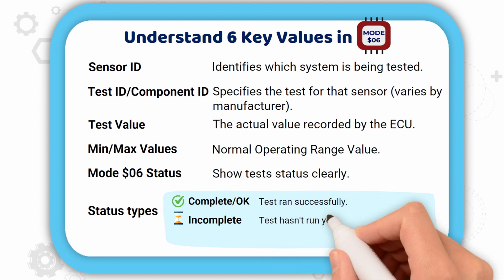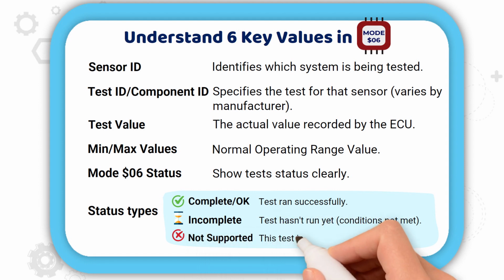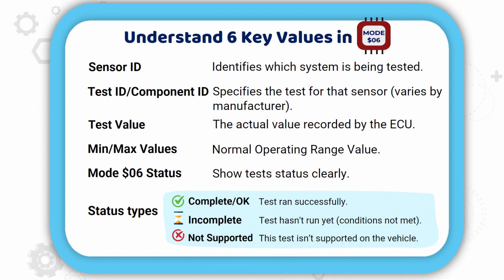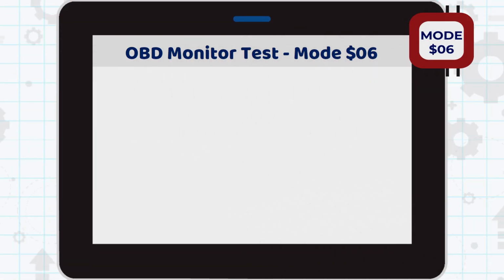Incomplete: the test hasn't run yet, possibly because the right conditions haven't been met. Not supported: your vehicle doesn't support that particular test. This feature helps you quickly determine which results you can trust and which tests still require more driving or time to complete properly.